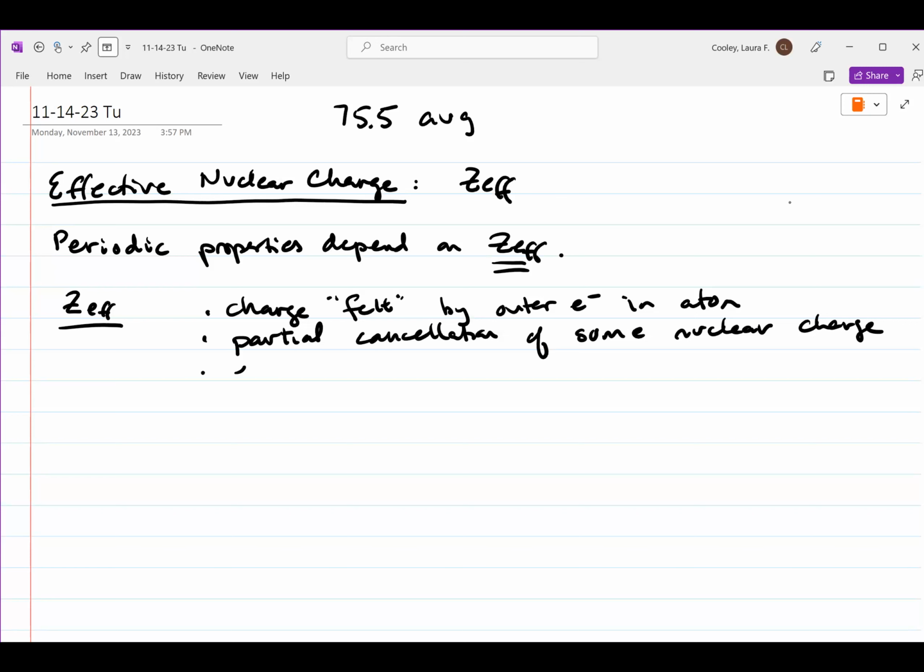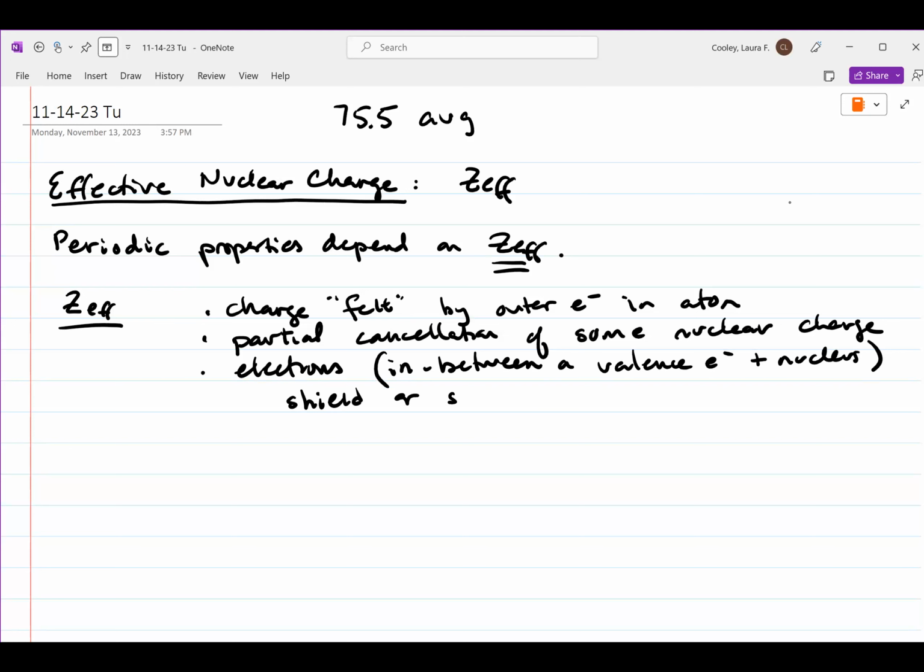I'm going to call them the in-between electrons. In between a valence electron and the nucleus, all electrons screen each other, but these in-between electrons shield or screen some of the nuclear charge.